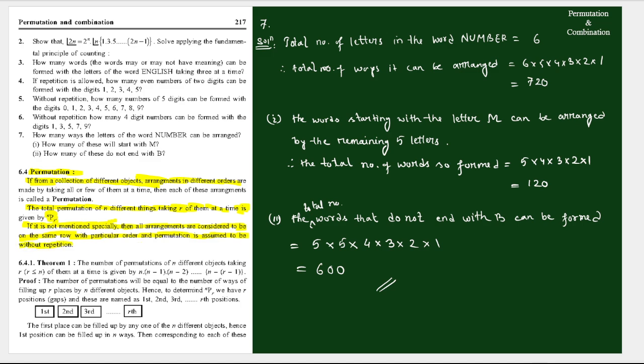If it is mentioned, it is better to do accordingly, whether repetition is allowed or not allowed. But if it is not mentioned, then we will assume that it is without repetition. So we have also got the theorem, and we will learn more about the theorem in the next class.